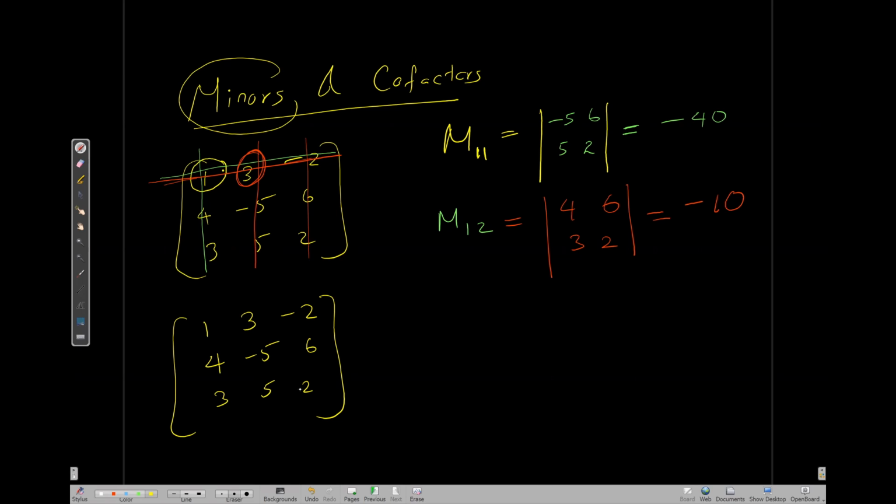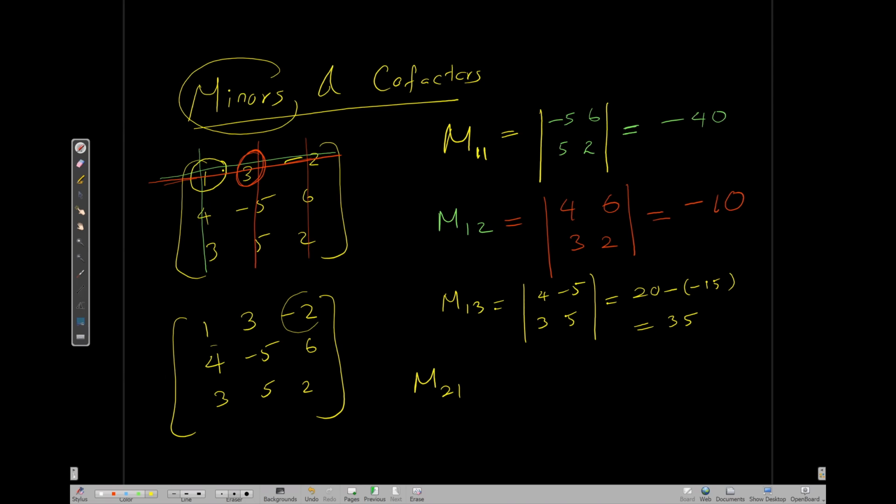Remember, when we are talking about determinants, it's square matrices. So M13: 4, negative 5, 3, 5, we get 20 minus 15, so you get 35, right?